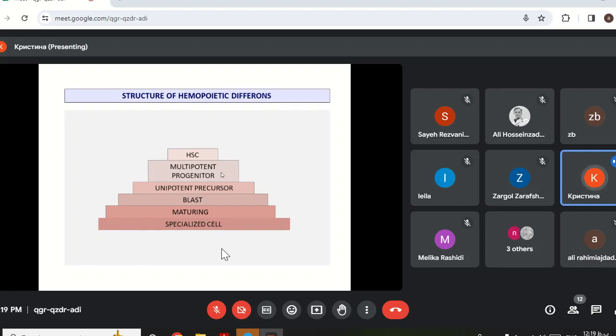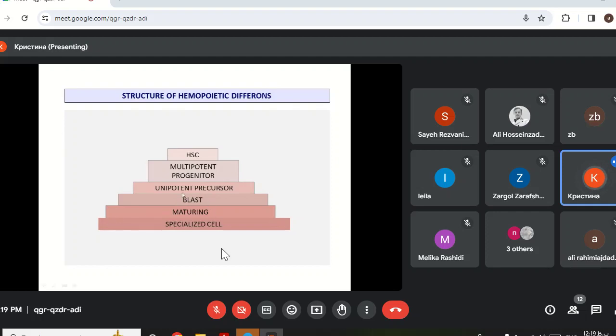So it has fewer potencies. Then unipotent. Uni means one, potent means potencies, potential ways of development. A unipotent precursor can become only one formed element of blood. For example, only neutrophil, not erythrocyte, not monocyte.